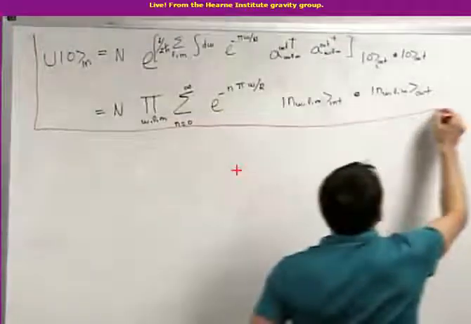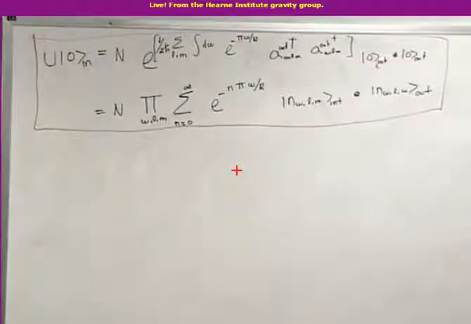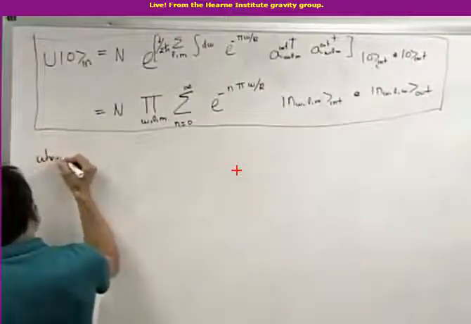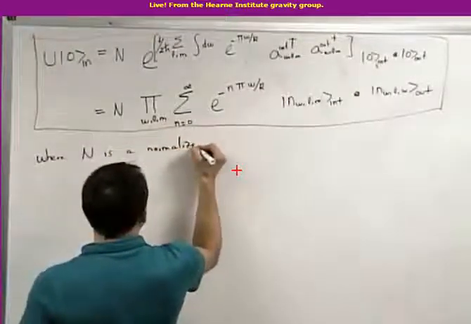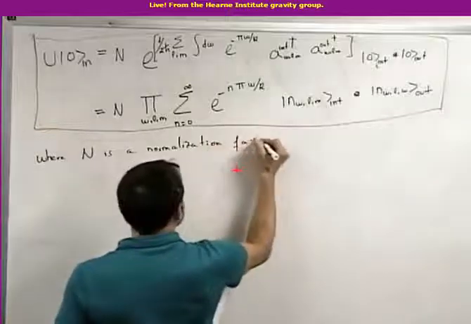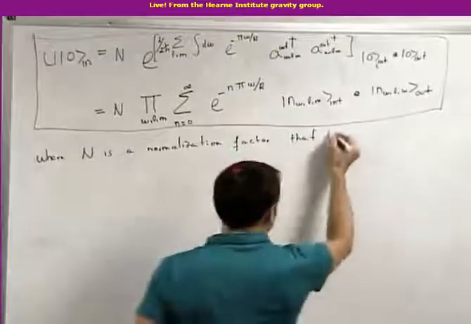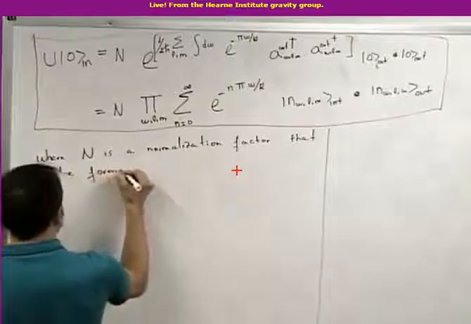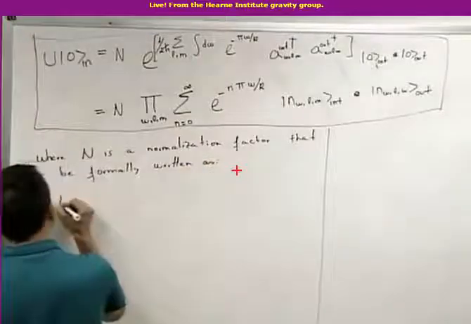And this, as you can imagine, is quite an important expression. And I'm sure you can read the physics from it already. Remember where N is a normalization factor, which can be formally written as follows.